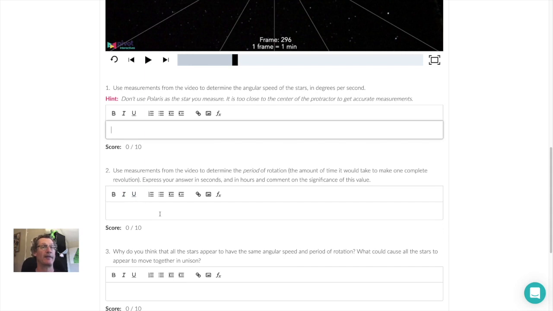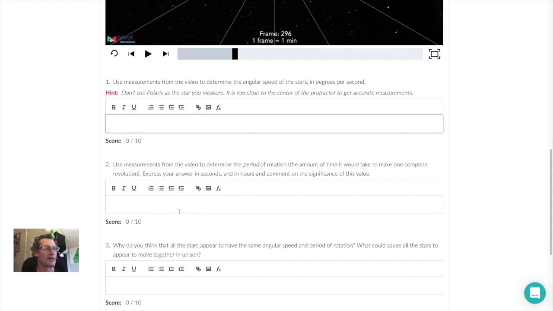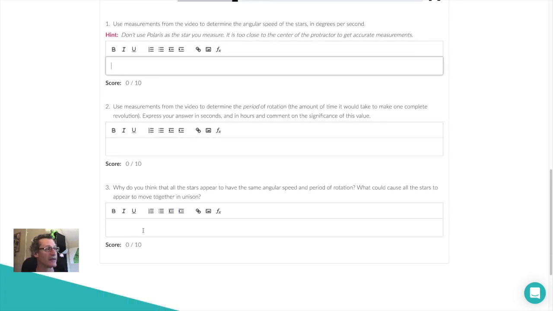So how much time would it take for a star to move all the way around one revolution? You can express that in seconds and hours, various units. Lastly is a question that asks, why do you think that all the stars appear to have the same angular speed and period of rotation? What could cause them to appear together in unison?